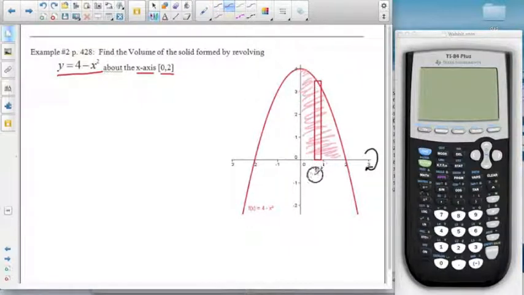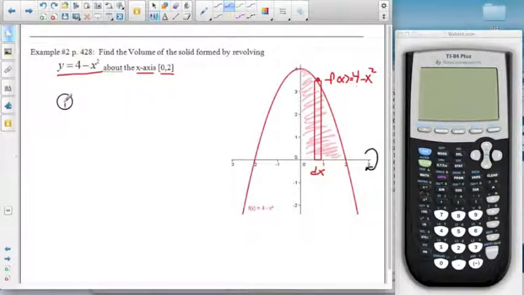So we know this is our dx. And the height of our rectangle is our function f of x, which is equal to 4 minus x squared. And we're going to rotate that about that horizontal axis from 0 to 2.